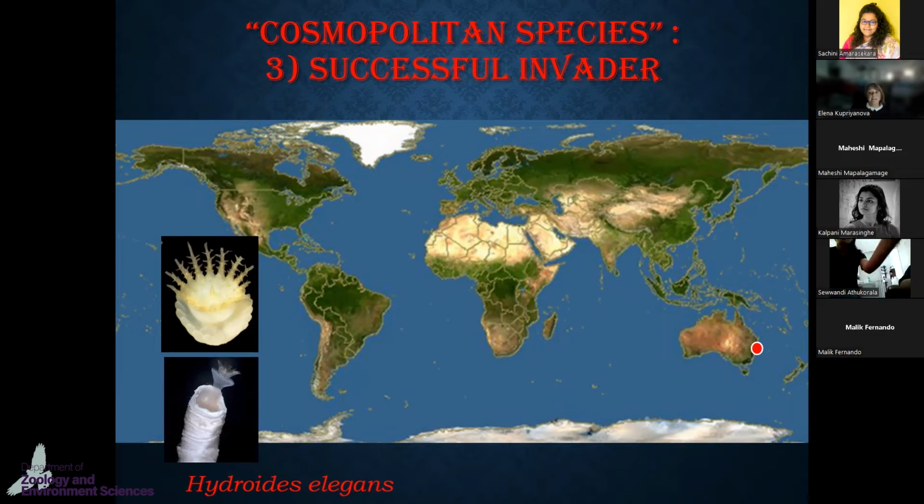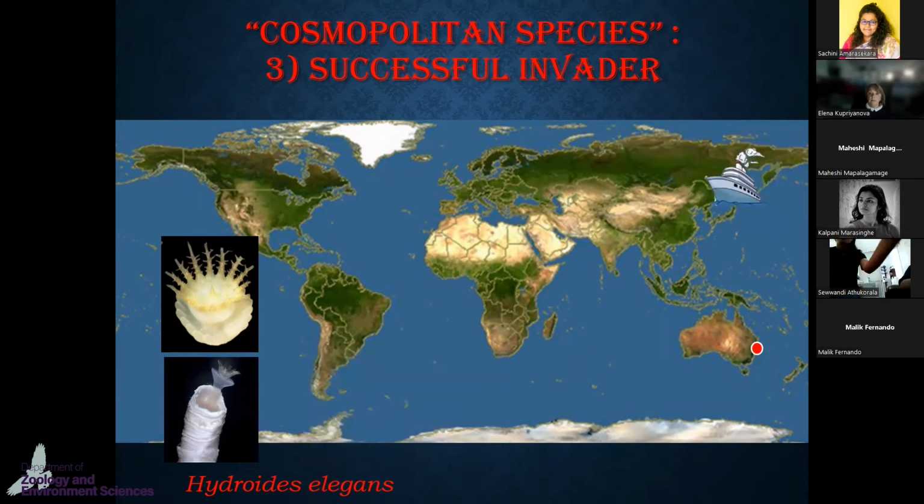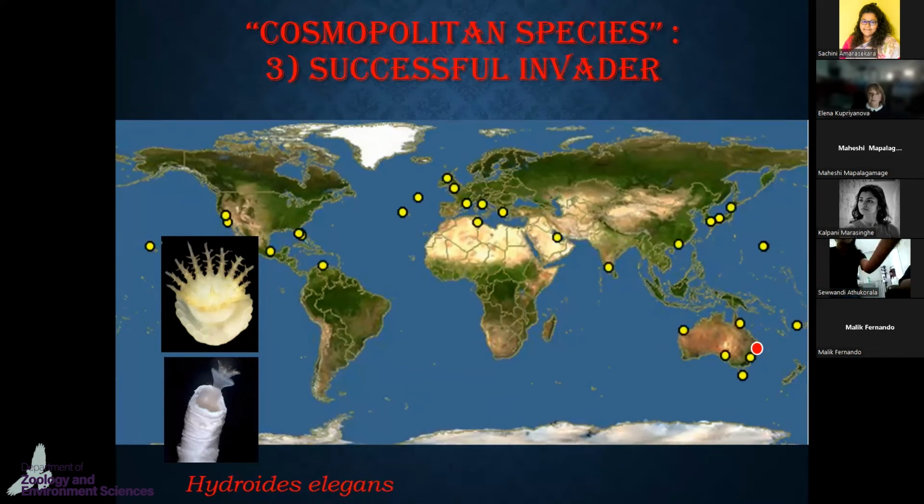It's a highly successful fouling species that can easily hitchhike on ship hulls. The animals build large colonies on any surface, including ship hulls, and it has been shown that biofouling is a major mode of its worldwide dispersal.